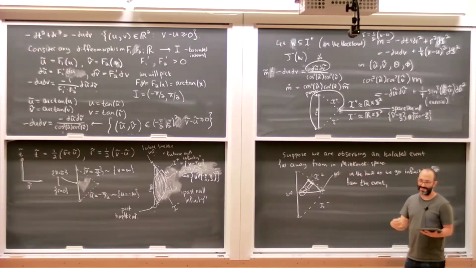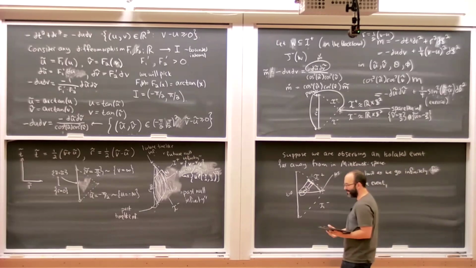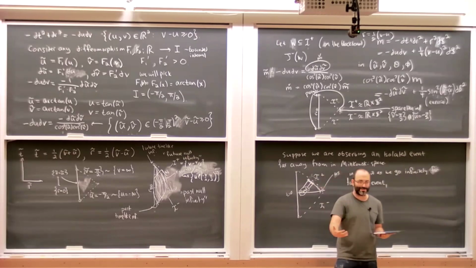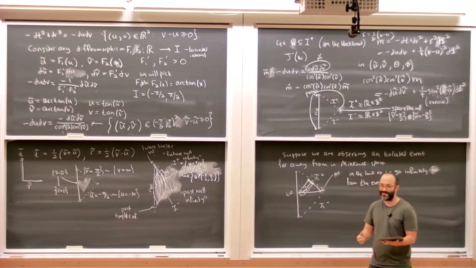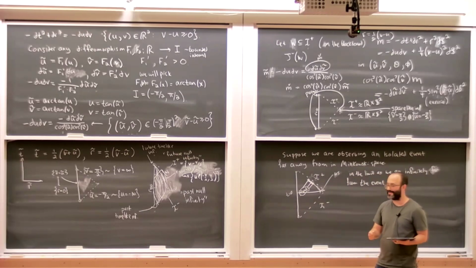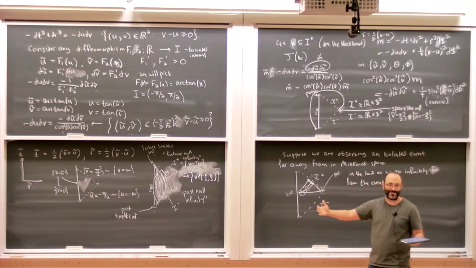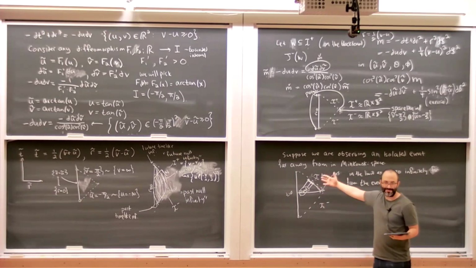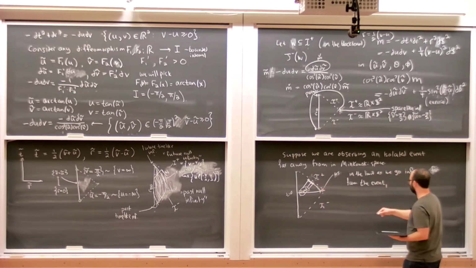So you often model a faraway observer of an isolated event like black holes merging. People will often say we are on future null infinity, seeing whatever happened. There are many ways you can think about it. This is maybe a more pedestrian way of thinking about it, but basically this.